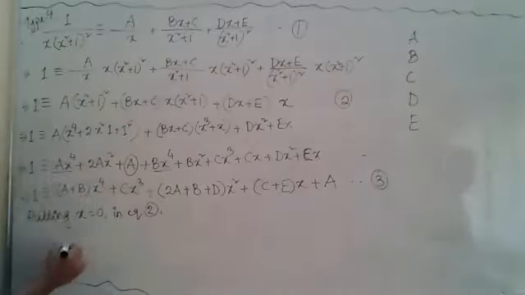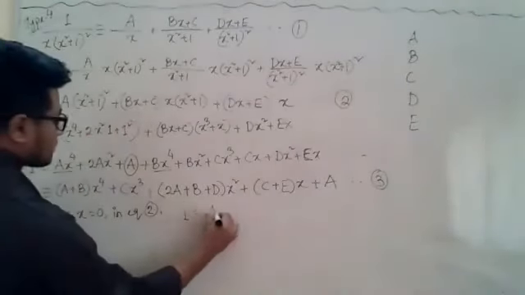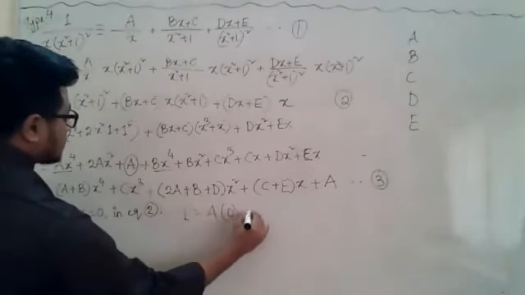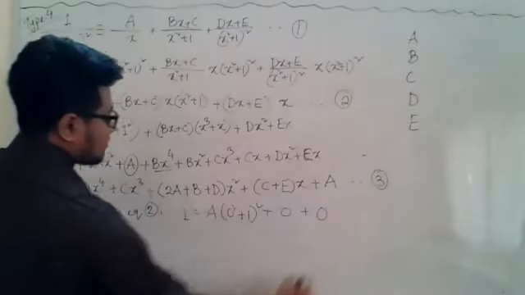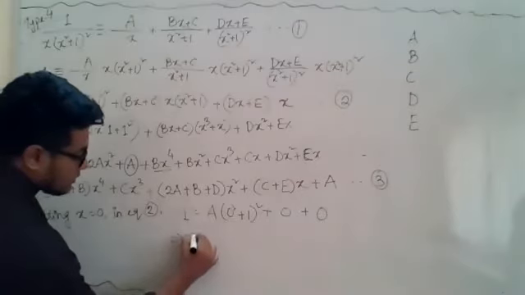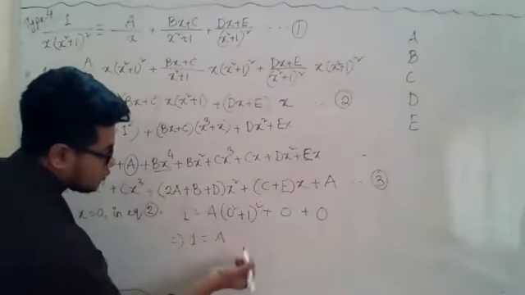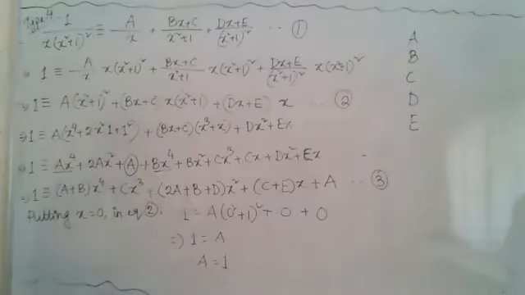So here it will be 1 is equal to a into (0 square plus 1) whole square, and the others will be 0, right? I'm not replacing the value, you can do it yourself. So it will be 1 equal to a into 1. So basically a is equal to 1. The value of a is 1.